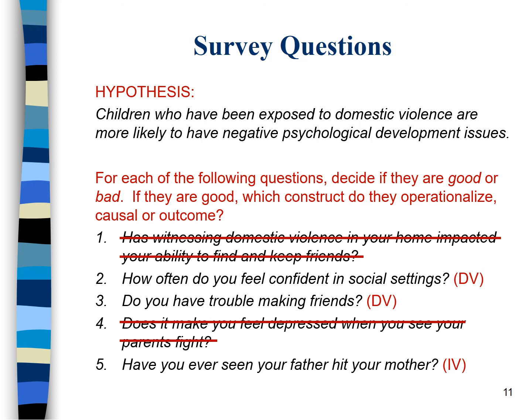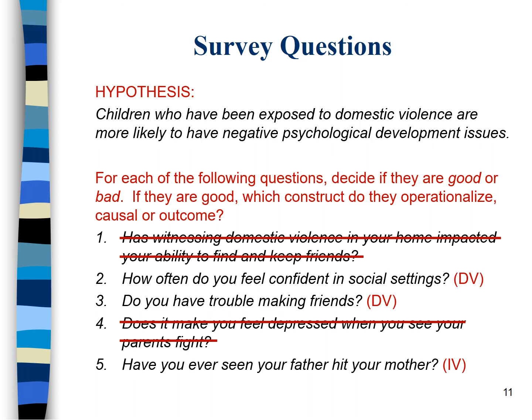Once again, it allows for yes, I do, no, I don't, sometimes, or whatever, a range of responses targeting an indicator of that underlying construct or psychological development, and there is absolutely no mention at all of our causal construct, which was domestic violence.